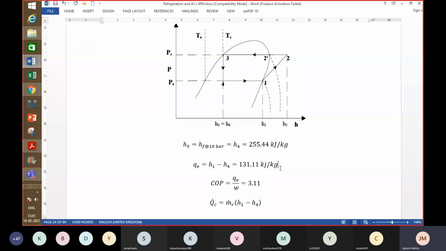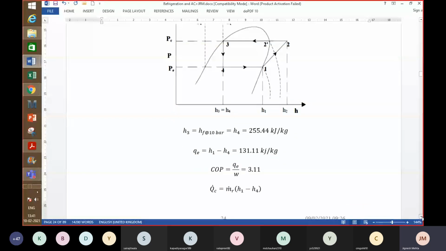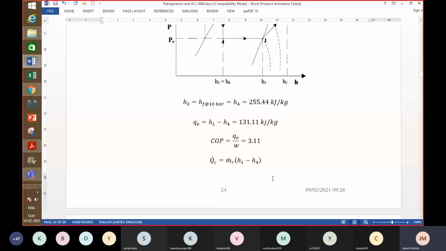So it's very easy to get it. This QC dash is nothing but m dot r into, either you write it in the form of the enthalpy difference, or you can write it like this: mass flow rate of refrigerant into the cooling effect. So that's the rate, and the mass flow rate is 1 kg per second.